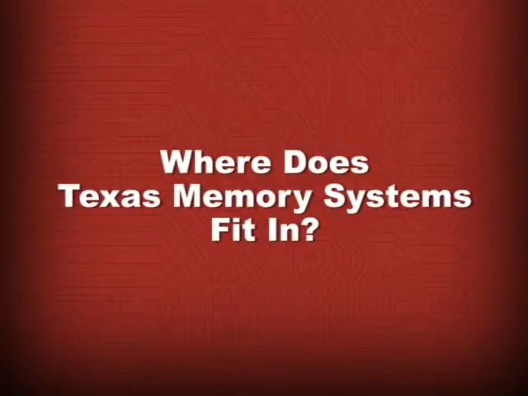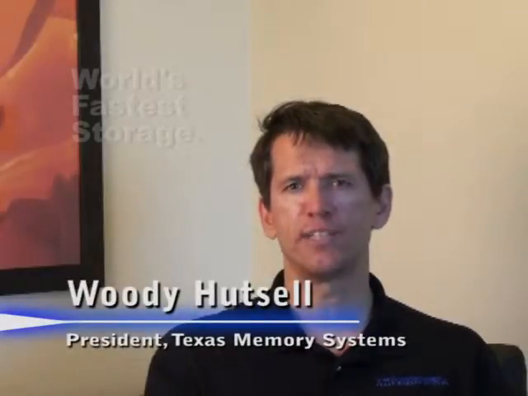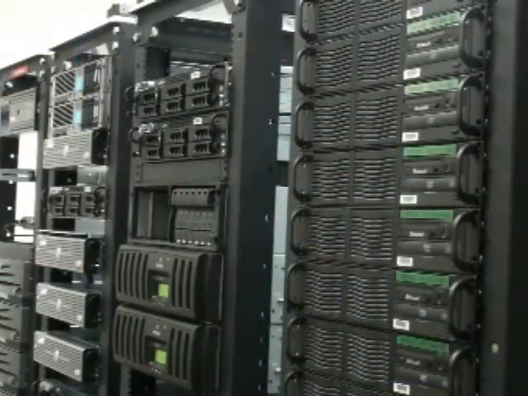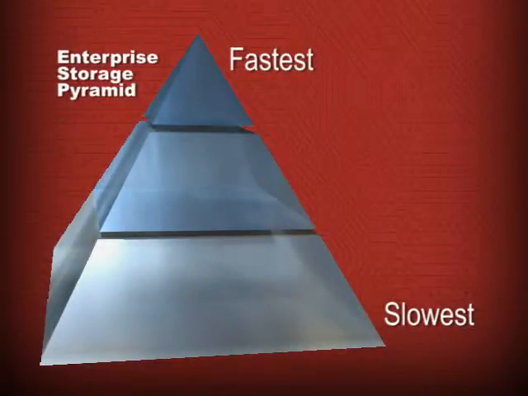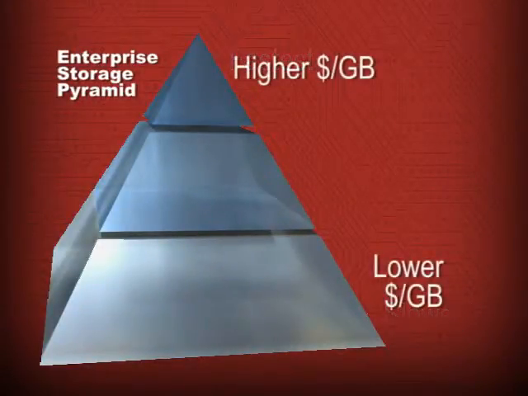So there's a question: having described these segments that exist from consumer to enterprise, where does Texas Memory Systems fit in? What we'd say is that we're definitely aimed at the higher end of that market. And when I say higher end, I especially mean products that are used in enterprise storage environments. We look at basically two kinds of performance pyramids that describe the hierarchies we're trying to be integrated into.